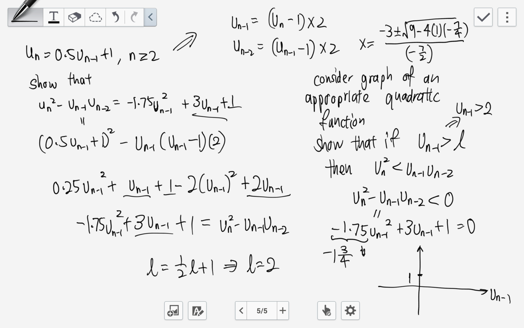Okay? So what do we get here? 9, the 4 and 4 will cancel away. This will become a plus. So 9 plus 7 is 16. The square root of 16 will become 4. 4 minus 3 will be 1. One of the answers on top is this.